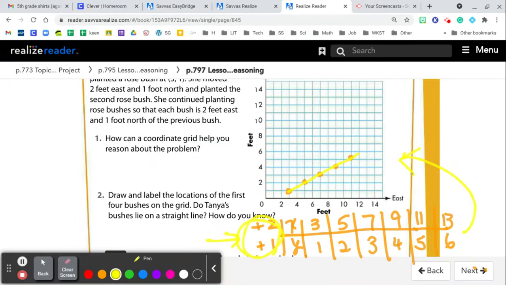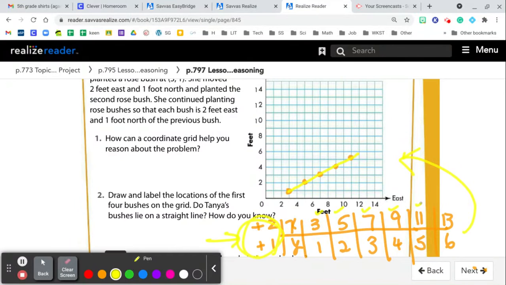What are the locations of the 5th and 9th rose bush? So the 5th rose bush, 1, 2, 3, 4, 5, is at 11, 5. And the 9th rose bush, remember our rule is X is going to be +2.